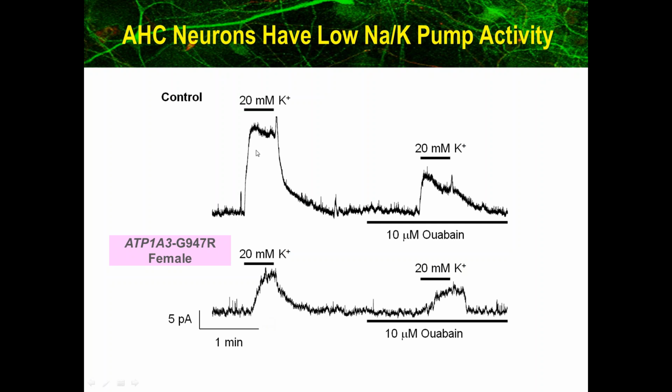And here what we see is that the difference between the high potassium in the absence of ouabain and in the presence of ouabain is lost. So we have lost this extra bit of current, which we think is the first direct evidence that a mutant ATP1A3 has lost ion transporting activity. The pump is broken. We didn't really have direct evidence for this before, but now we do.